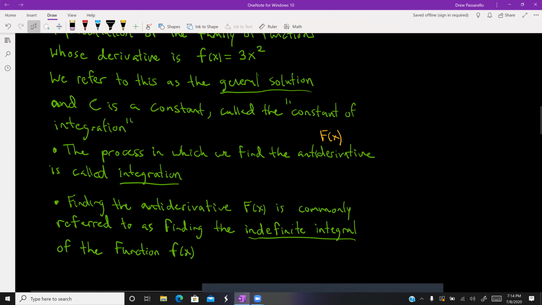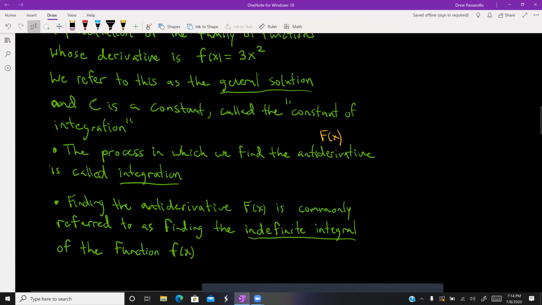It's analogous to finding the derivative. The process in which you find the derivative is called differentiation. For some reason the lingo is integration this time for finding the antiderivative.